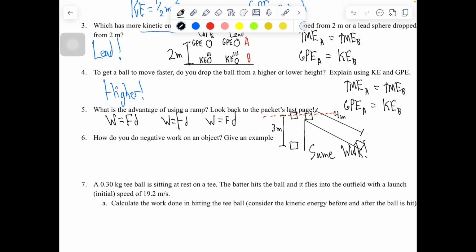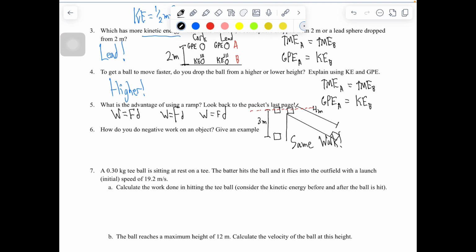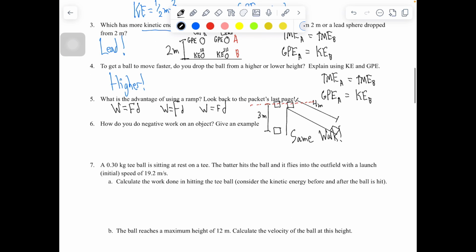For example, if you're trying to bring something super heavy up to some shelf, it's a lot easier if you can push it up a ramp. Maybe you can generate enough force to push it up a ramp, whereas you wouldn't be able to just pick it up and lift it straight up. It's the same work done either way. It's just that increasing the distance you are doing that work over decreases the force for the same amount of work.